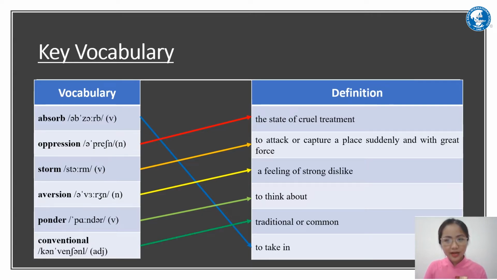So instead of saying traditional approaches or traditional methods, you can say conventional approaches or conventional methods. Now, please copy down these words into your notebook.